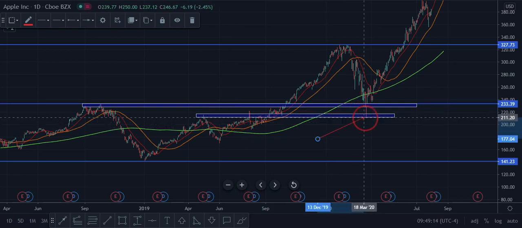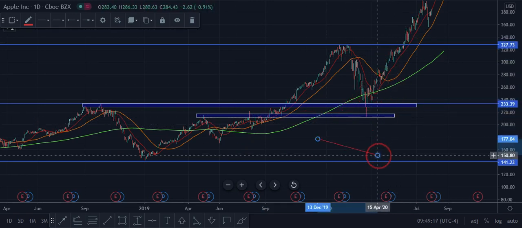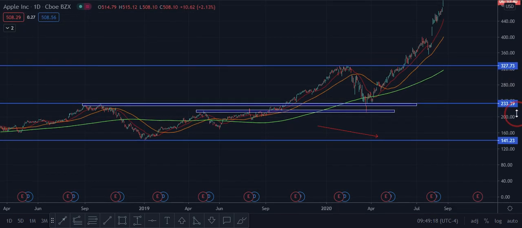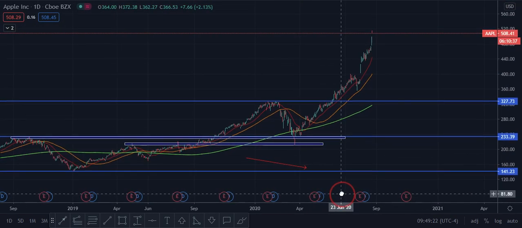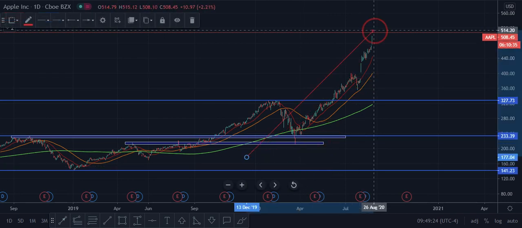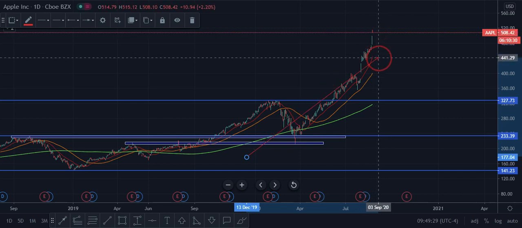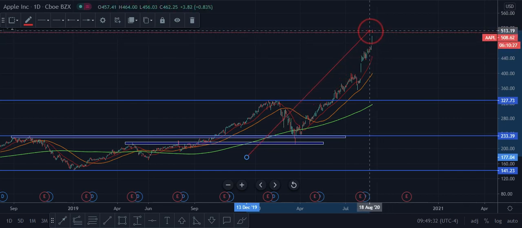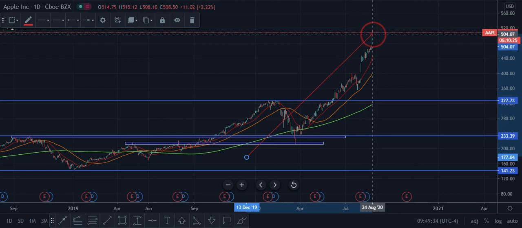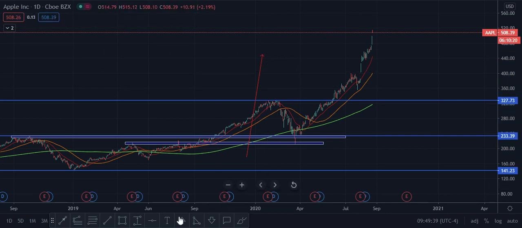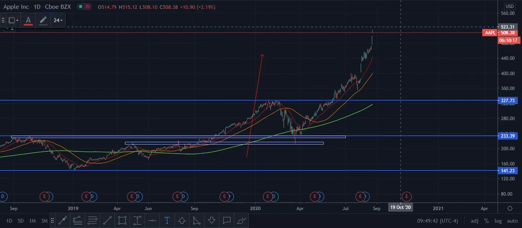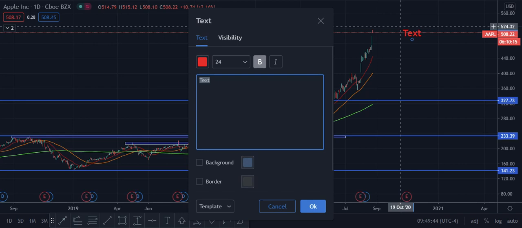Now, look where we are now. Let's pull this down. Look where we are. Who's buying up here? FOMO, people with fear of missing out. They're buying here. Don't buy here.